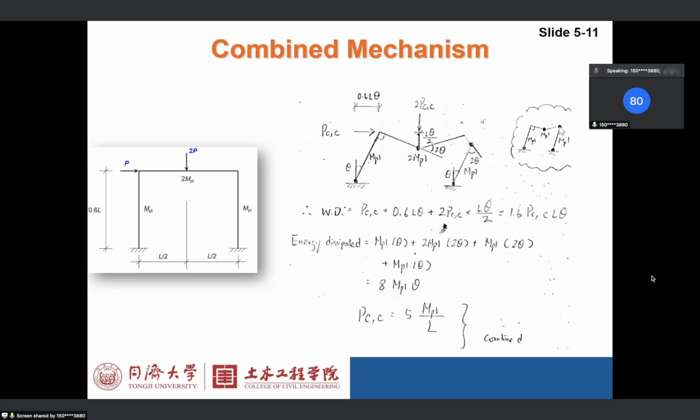But based on primary school knowledge about geometry, can you tell me what's the absolute change of the angle here? Is it theta? Or is it 2 theta? Or is it 3 theta? Nobody? 2 theta. Yeah, it's 2 theta.